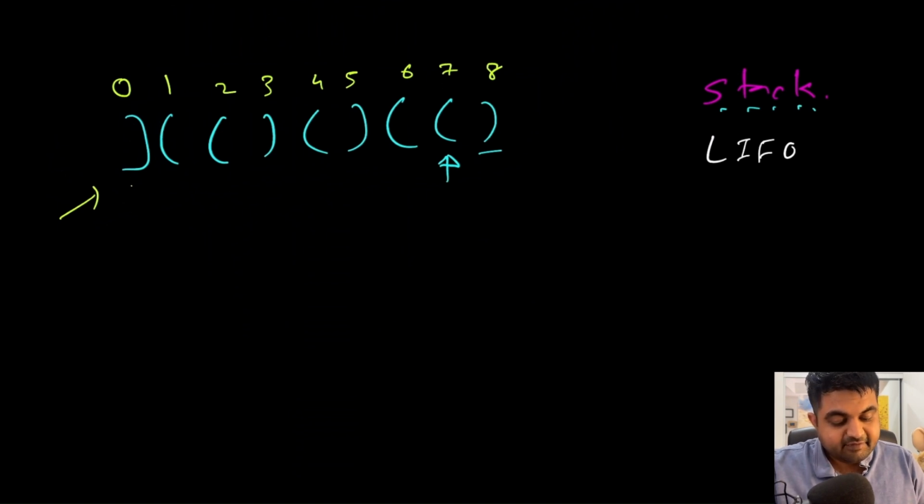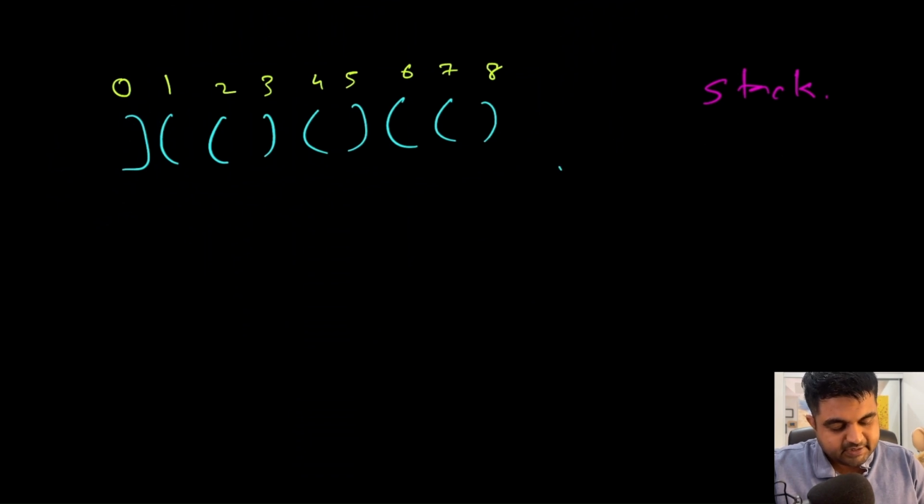Whenever we identify a closing bracket, we will try to see in the stack whether there exists any particular bracket that we can pop out. If it does, then it would be part of the valid sequence. If it is not there, then we will see all sorts of scenarios. I hope all of this explanation makes sense, and now you are able to understand how we are actually going to use the stack for our solution.